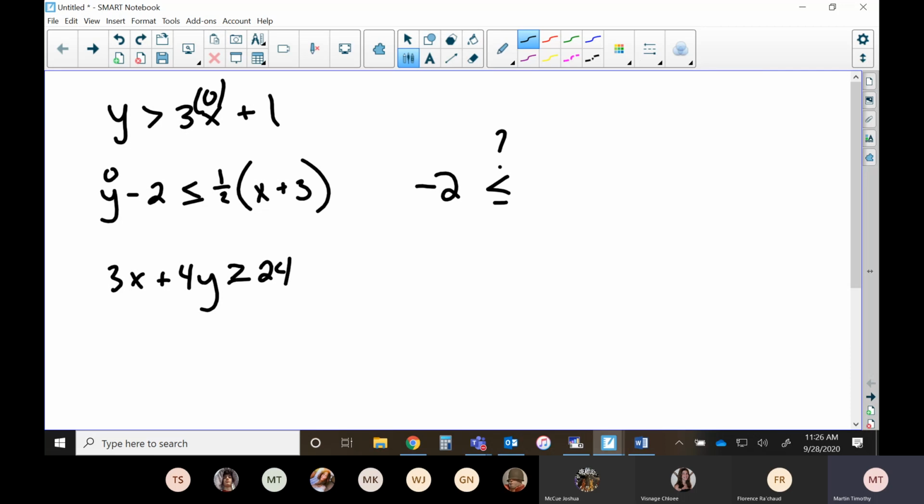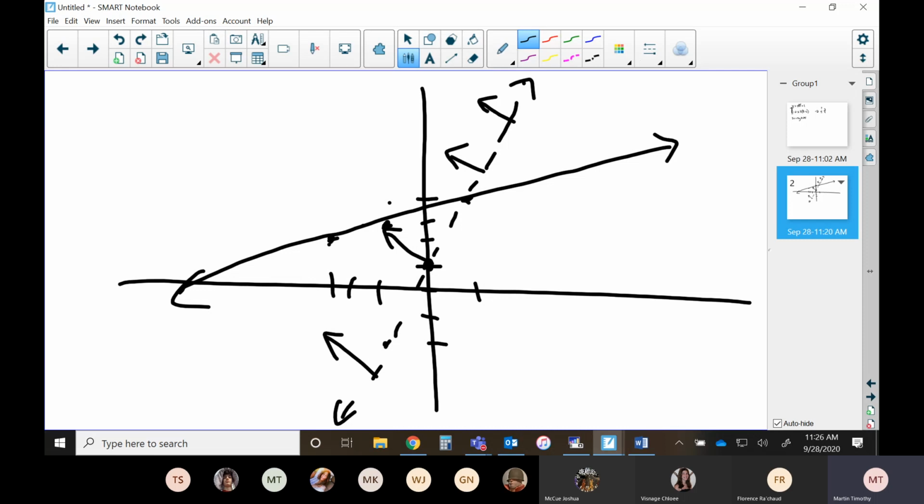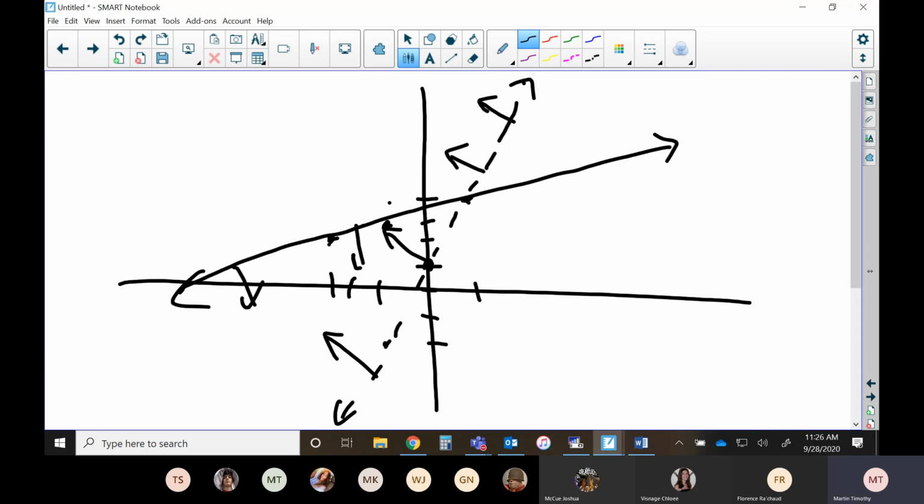And I'm questioning, if I put a 0 in here, that's 3. 3 times 1/2 is 3.5. Is 2 less than 3.5? Is 2 less than 3.5? Yes, it is. And so this is the good side, the down.